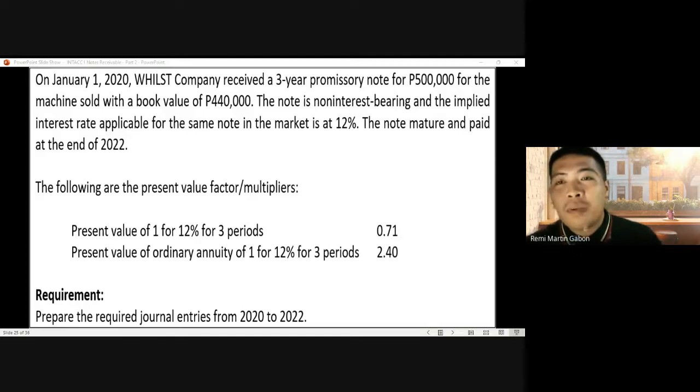We will use 6%. So if it is semi-annual, we do not use 12%, only 6%. If quarterly, 3%. If monthly, 1%. Simple as that.